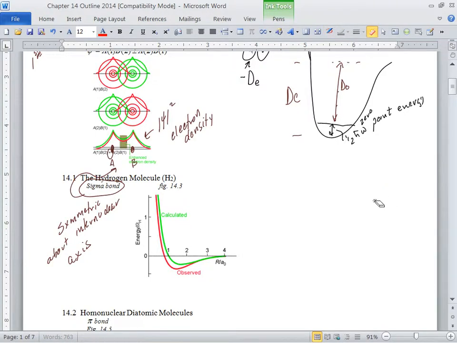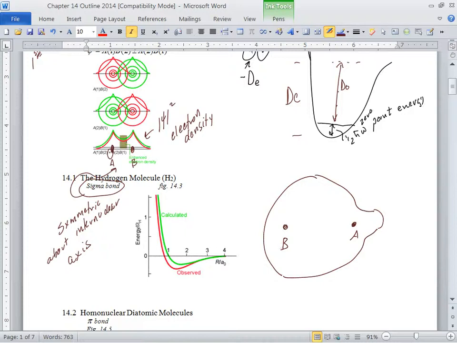Atom A, atom B. Is that symmetric about the internuclear axis? Where is the internuclear axis?